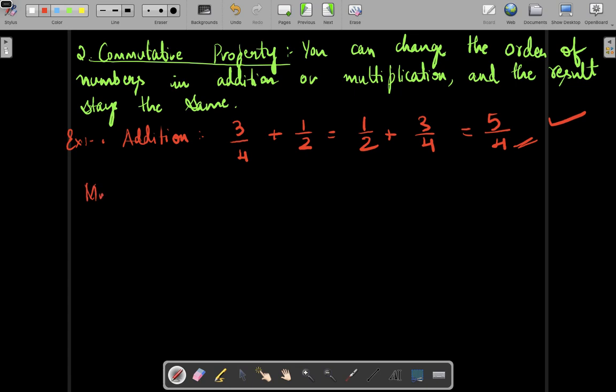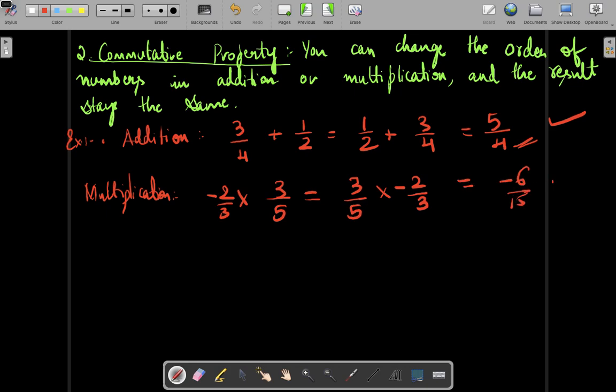Let's see for multiplication. Minus 2 over 3 times 3 over 5, or either you can multiply either way, 3 over 5 or minus 2 over 3, you get the same, which is minus 6 over 15. And yes, it's a rational number. Let's see now for subtraction. 3 over 4 minus 1 over 2 will not be equal to 1 over 2 minus 3 over 4.